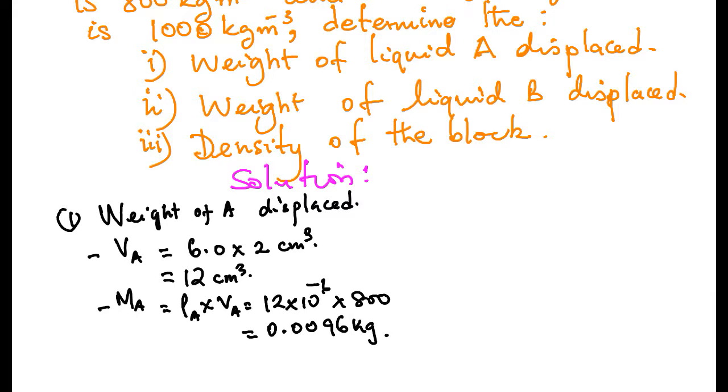Therefore, weight of A displaced is equal to mass times g, which is 0.0096 times 10, which is 0.096 newtons.